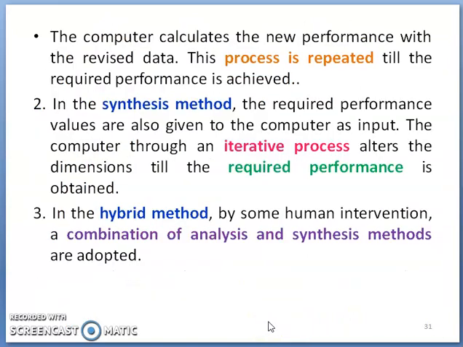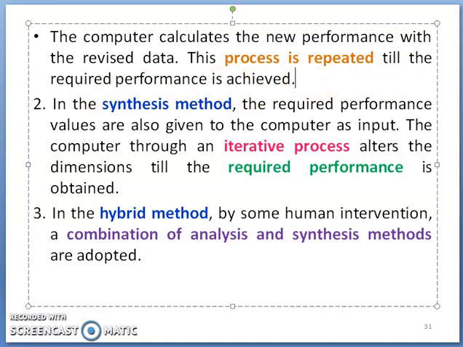Then in the third step, the computer calculates the new performance with the revised data, and this process is repeated till the required performance is achieved. So in the analysis method, whatever preliminary design inputs are given to the system, the computer will go on giving solutions based on whatever data the designer feeds, till the desired performance parameter is achieved.